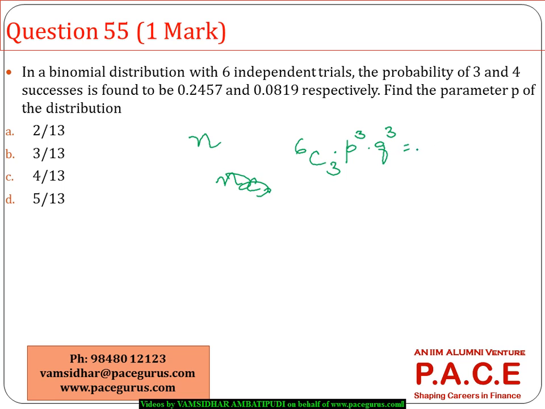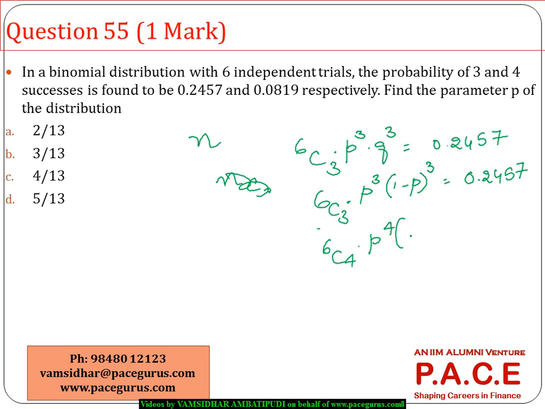This is equal to 0.2457, or 6C3 into p power 3 into (1 minus p) to the power 3 is equal to 0.2457. Similarly, 6C4 into p power 4 into (1 minus p) to the power 2 is coming out to 0.0819.